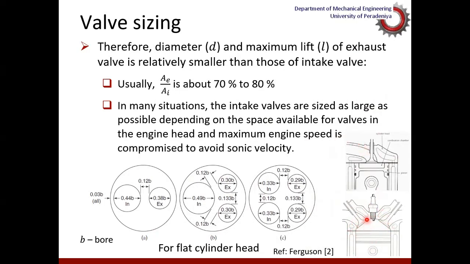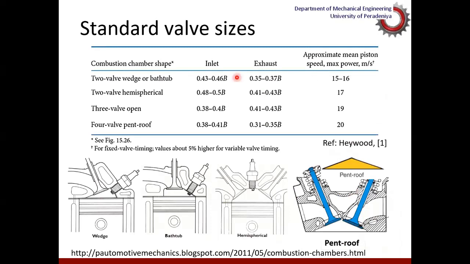That can also enable us to have larger diameter valves. These are some typical values of the inlet and exhaust valve sizes at different mean piston speeds for different combustion chamber shapes. So these are the shapes.